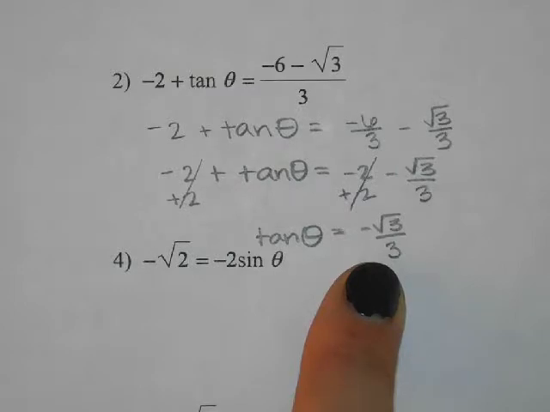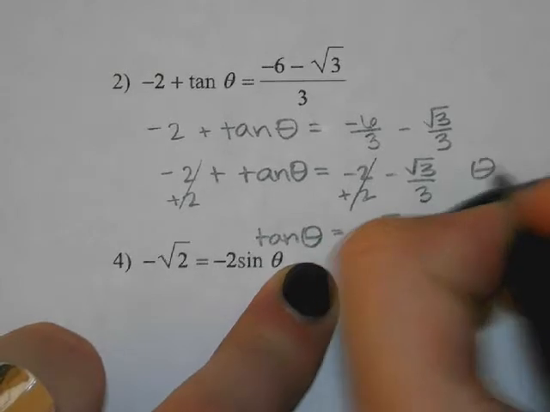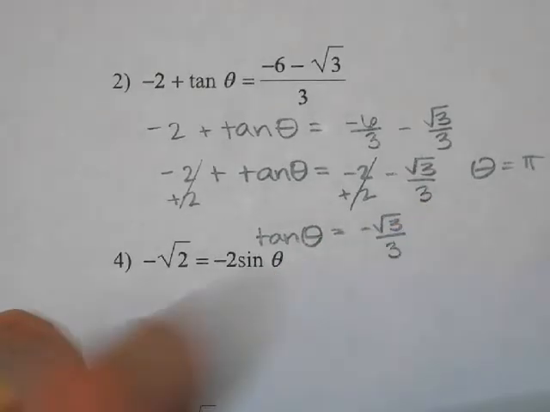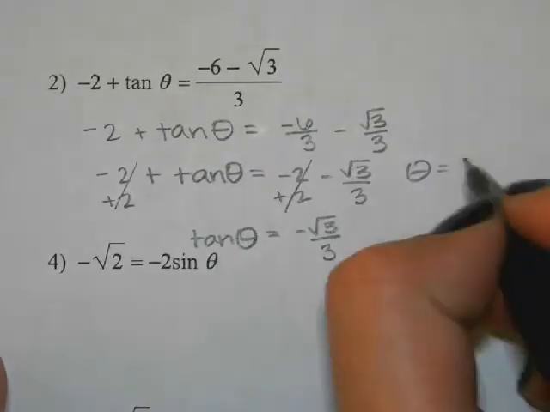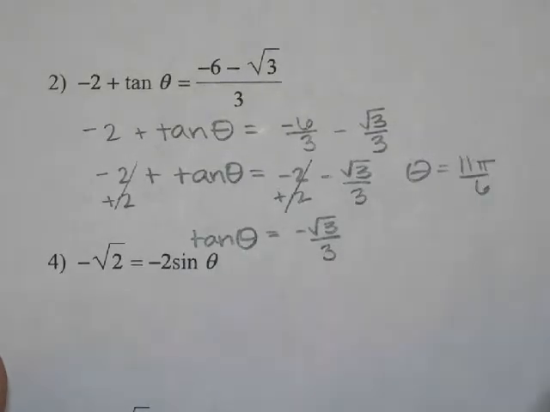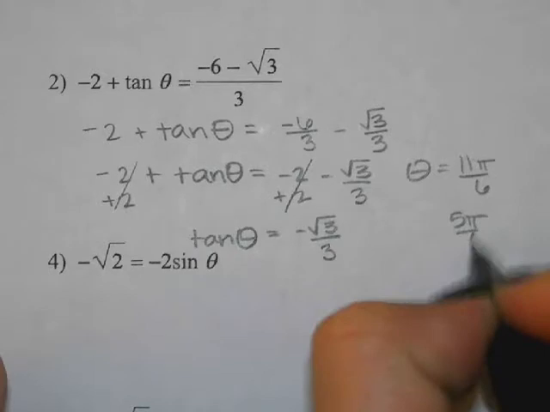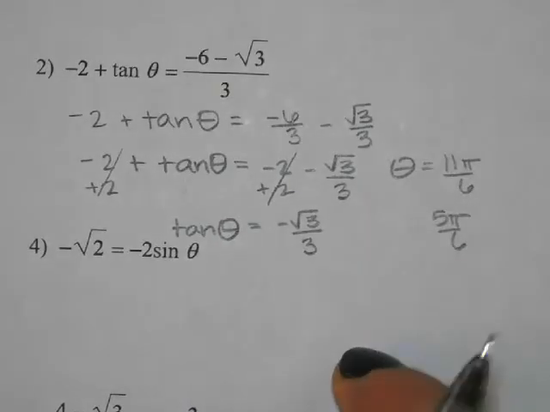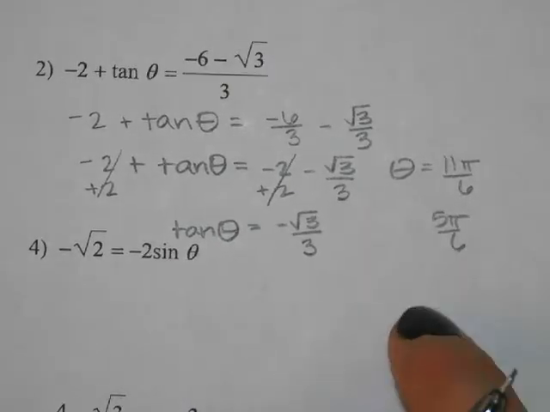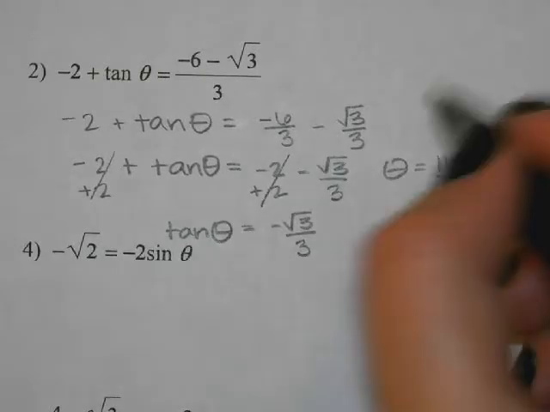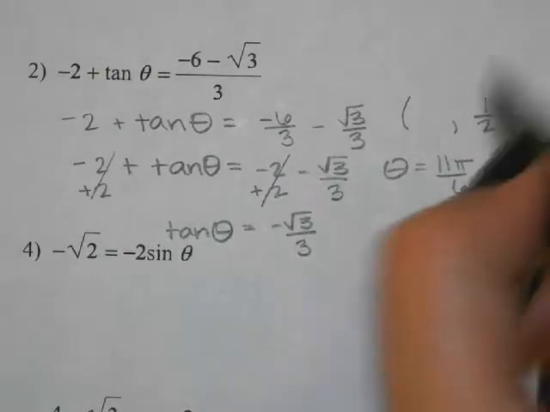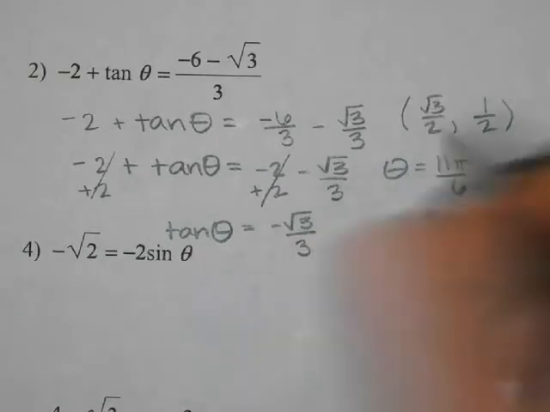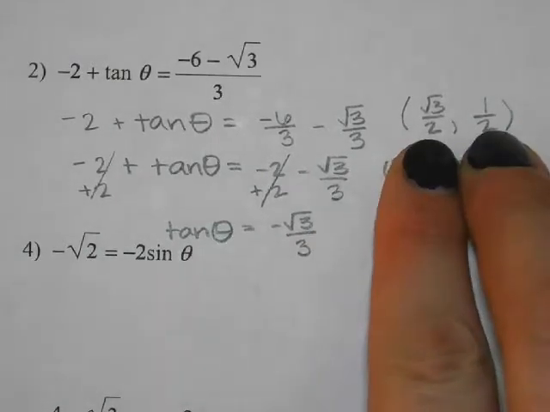Yes. 11 pi 6 would do it. What else would do it? 11, that's a pi, not an 11. 11 pi 6, yep, and then 5 pi 6. So for the points that would work for this, you have to have a 1/2 as the y-coordinate and a √3/2 as the x-coordinate, and they have to be opposite signs.